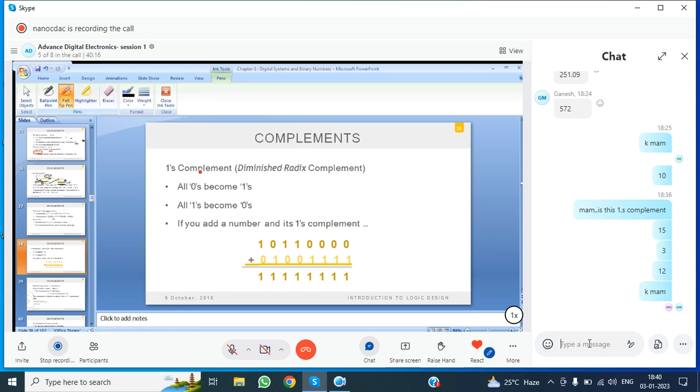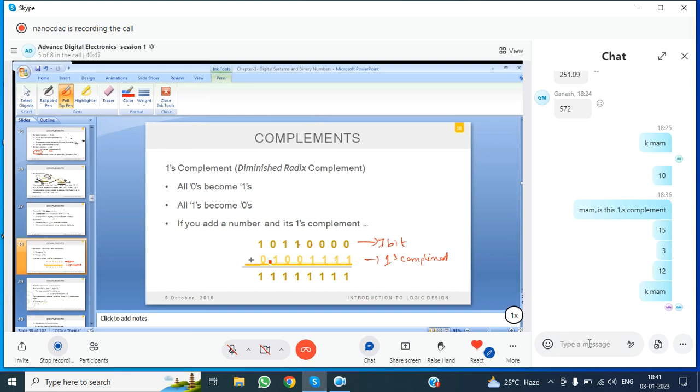So see here what you are doing is 1011000. Okay, so this is 7-bit, a 7-bit binary number. So what you are doing, you are just complementing. When you complement, this is the ones complement. After taking the ones complement, 0 becomes 1, 0 inverse 1, 0 complement 1, 0 1.